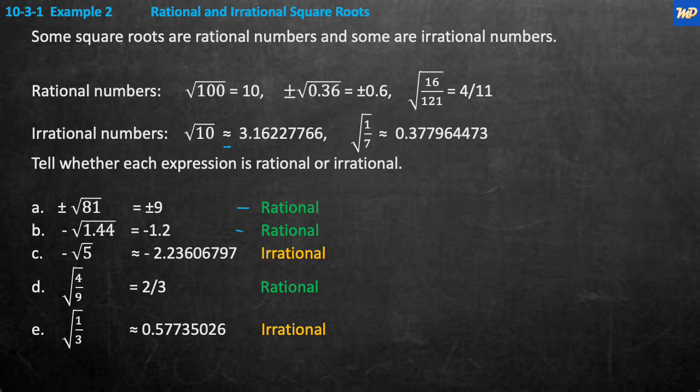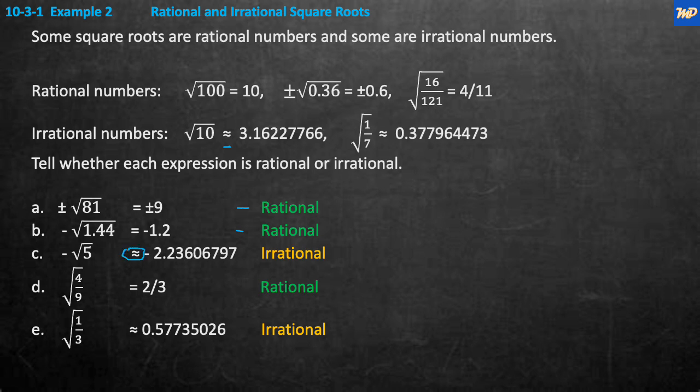How about the negative square root of 5? It would be approximately negative 2.23606797, on and on. That is irrational. You cannot ever know the true value of that number. You can only approximate it.